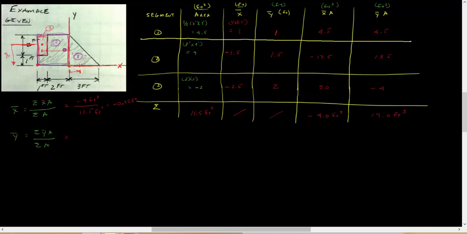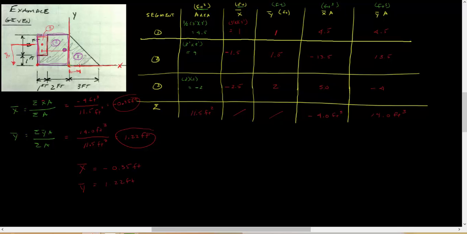And my y bar would be 14.0 feet cubed over 11.5 feet squared, which comes out to be 1.22 feet. So those are my two. So I'll write them here. X bar is negative 0.35 feet, and my y bar is 1.22 feet.